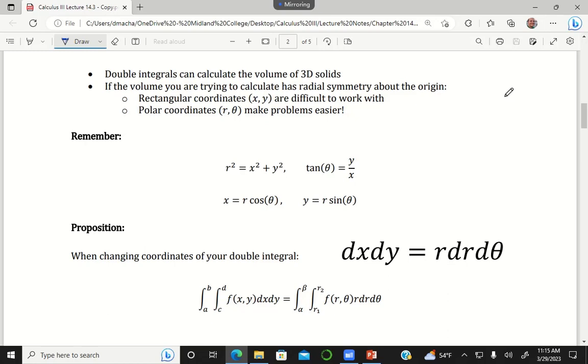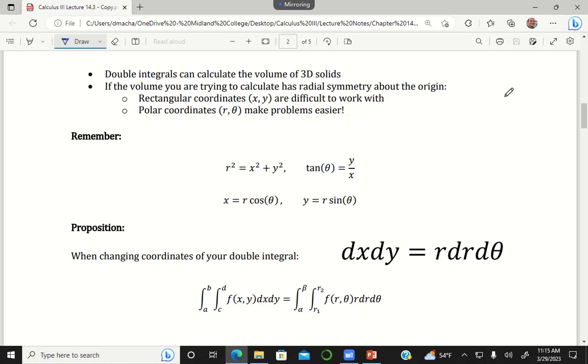But what we talked about yesterday is how double integrals can calculate the volume of 3D solids. If I give you a surface in space and I say, what's the volume between that surface and the xy plane? You just take the double integral of the surface to calculate that volume.